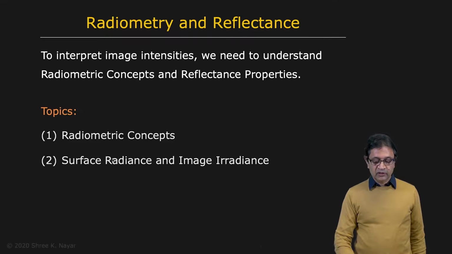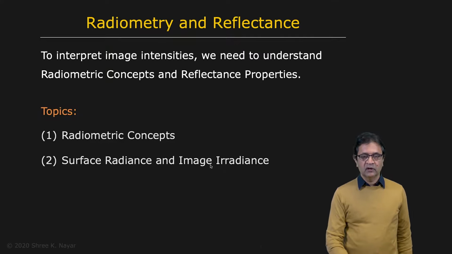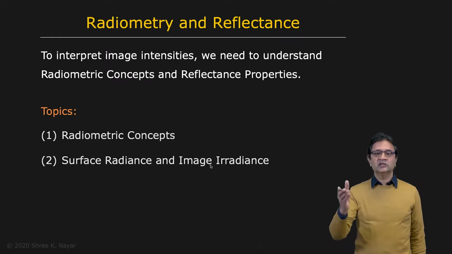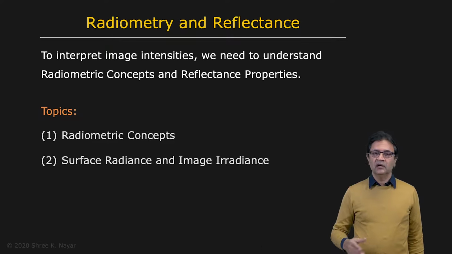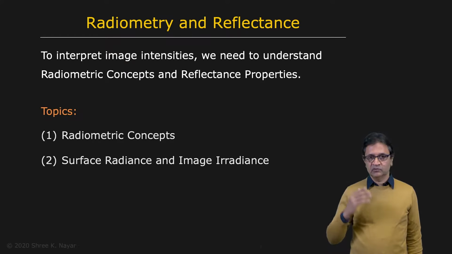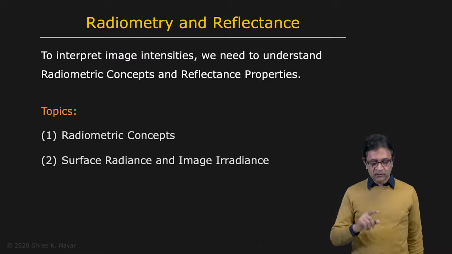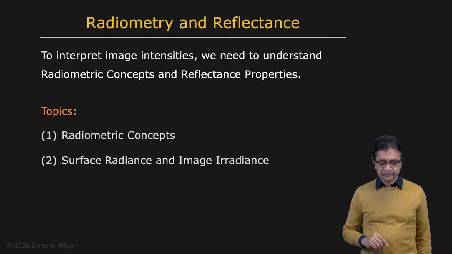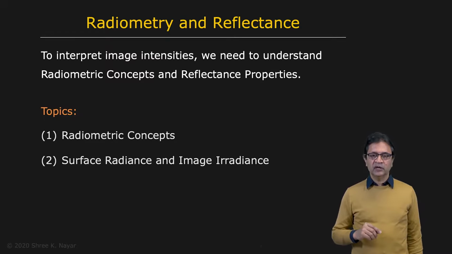So we're going to spend some time on the relationship between surface radiance and image irradiance. Of course, you can imagine that if you increase the brightness of a point in the scene, probably the brightness in the image is going to increase. That's what we experience on a daily basis. But is the relationship linear or is it non-linear? We'll derive the relationship.